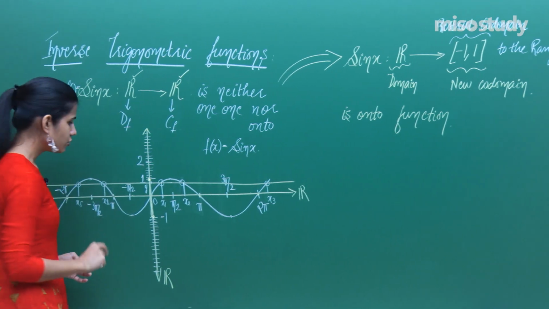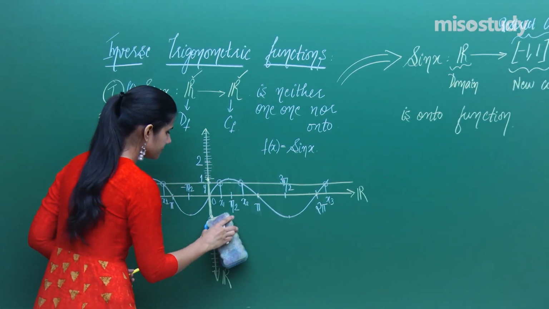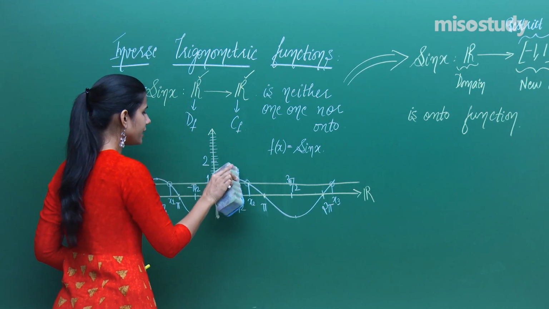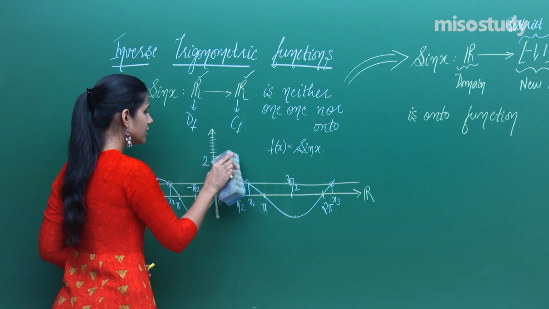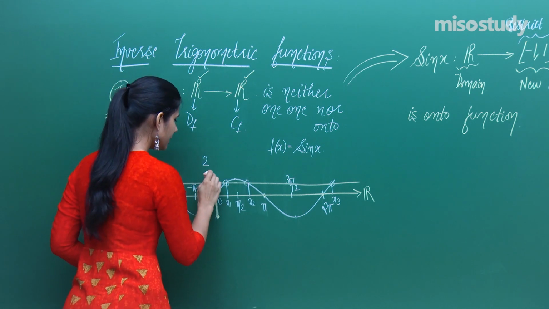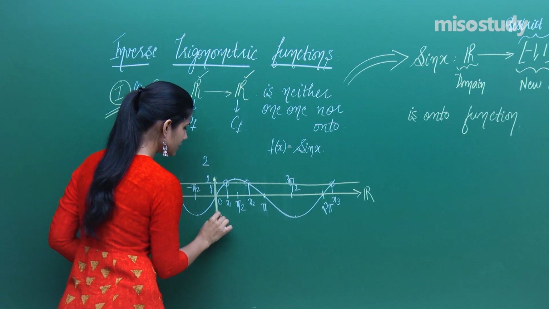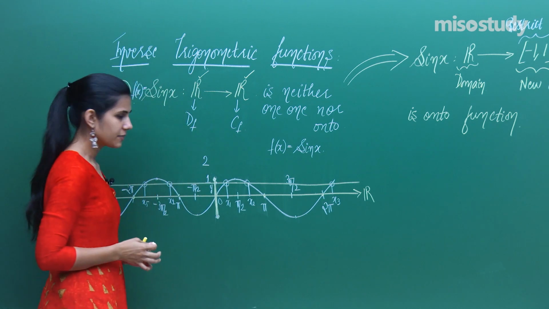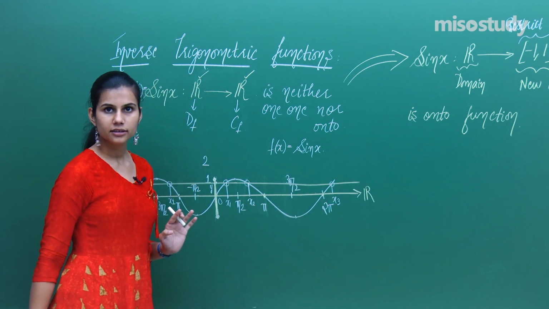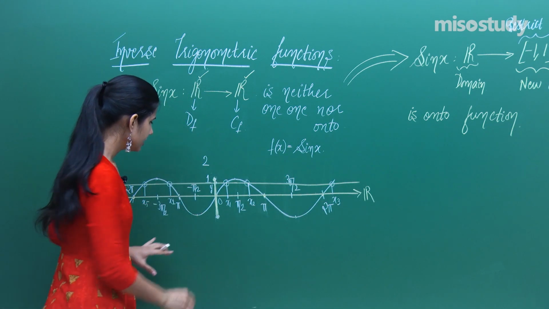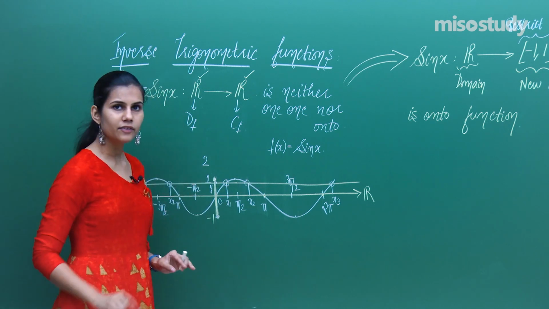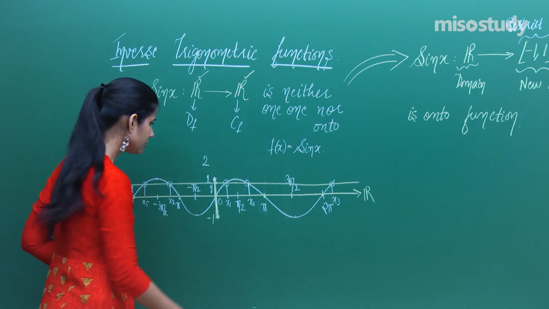Please understand, try to imagine if I rub this complete section, because now my new codomain does not involve this section, right? If I keep only this section of the -1, 1 closed interval, and the domain is the collection of all reals only, even then you can see that my function is not 1-1, isn't it?